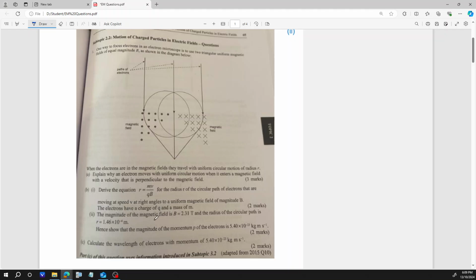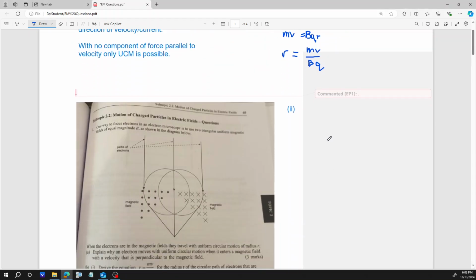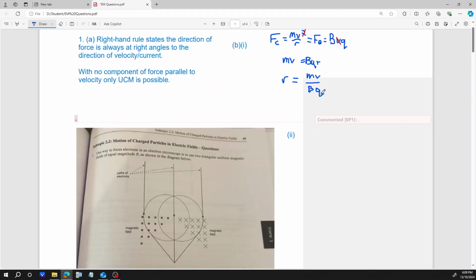And now we're going to use this one. We've got the magnetic field magnitude, and the radius of the path r equals that distance. Hence, show the magnitude of the momentum. We should have got my calculator before this. Let's load that up now. We can work out the momentum by just rearranging that formula.